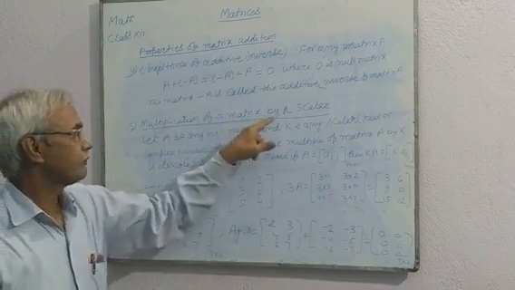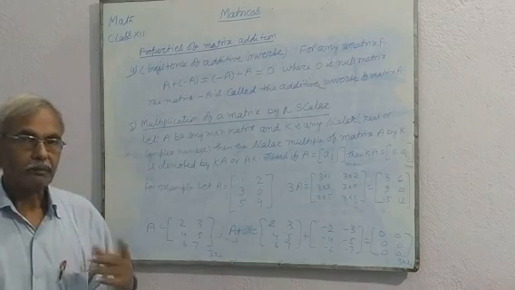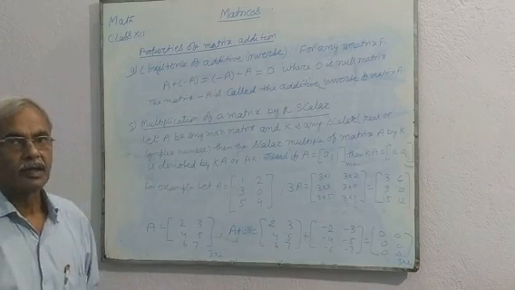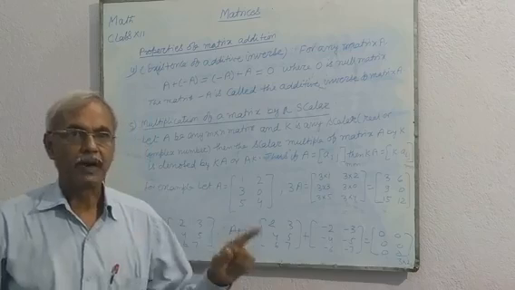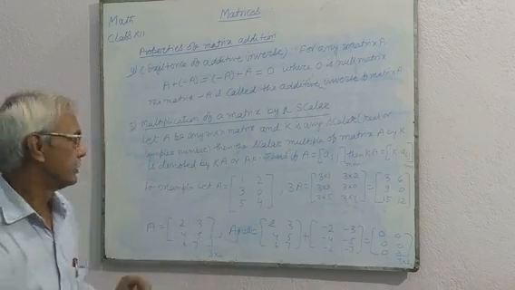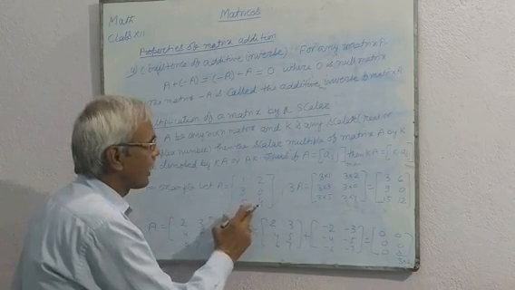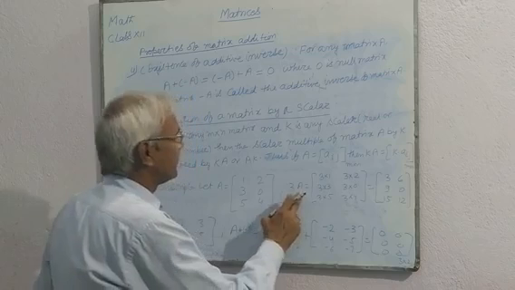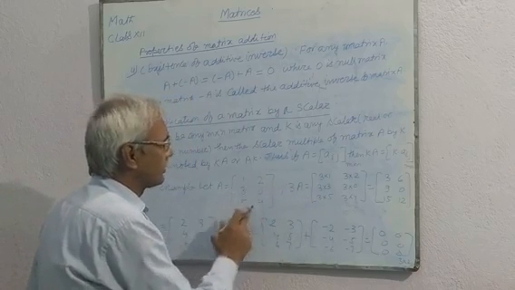Multiple of a matrix by a scalar. When a matrix is multiplied by a scalar, each element of the matrix is multiplied by that scalar. For example, A is 1, 3, 5, 2, 0, 4, then 3A is equal to each element of matrix A multiplied by 3.